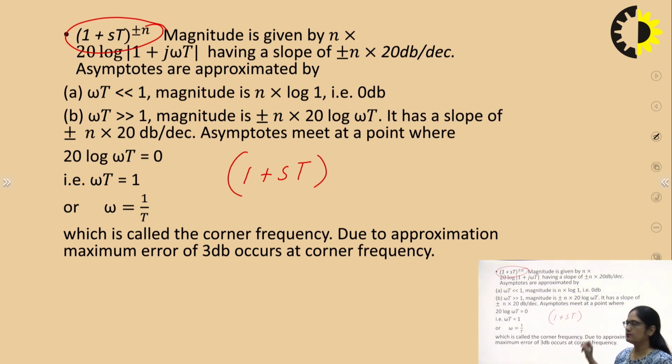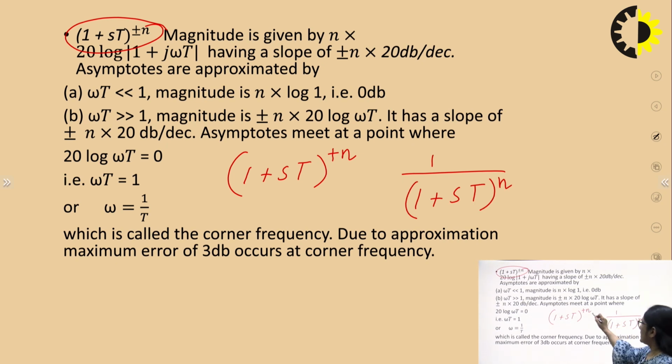If we are talking about the numerator, we will have (1 plus sT) raised to n, and for a pole it will be 1 upon (1 plus sT) raised to n. So n again here is squared or raised to 3 or raised to 4 and so on.